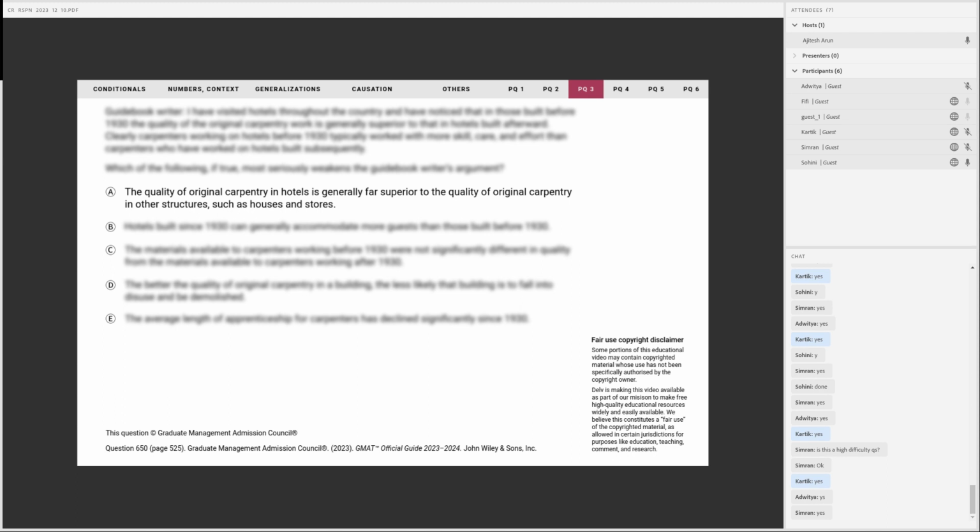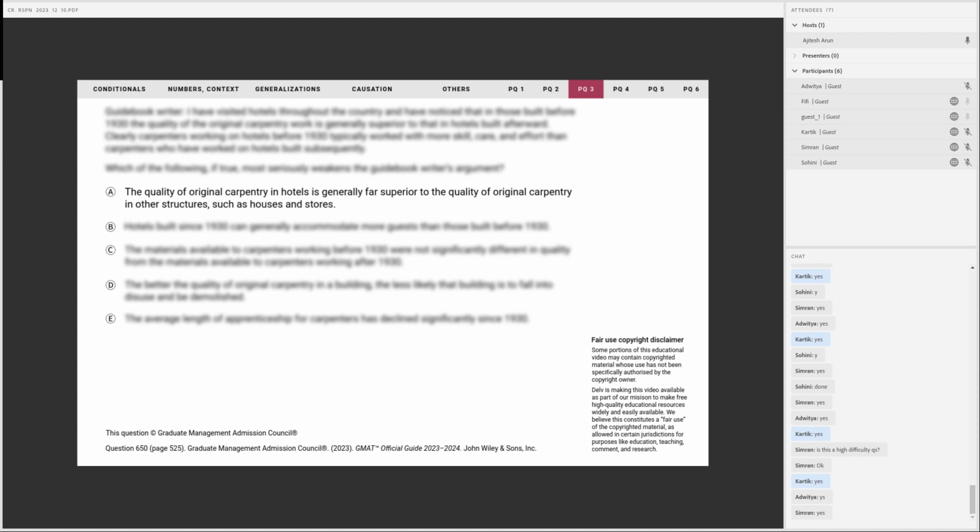Very good. So you've got hotels having better carpentry than other structures such as houses and stores. So what we needed is something that's within hotels, not hotels versus non-hotels. The other part of option A that I'd like to quickly point out is, I like to call it a constant, as in it's basically saying that hotels have better original carpentry than other things, right?